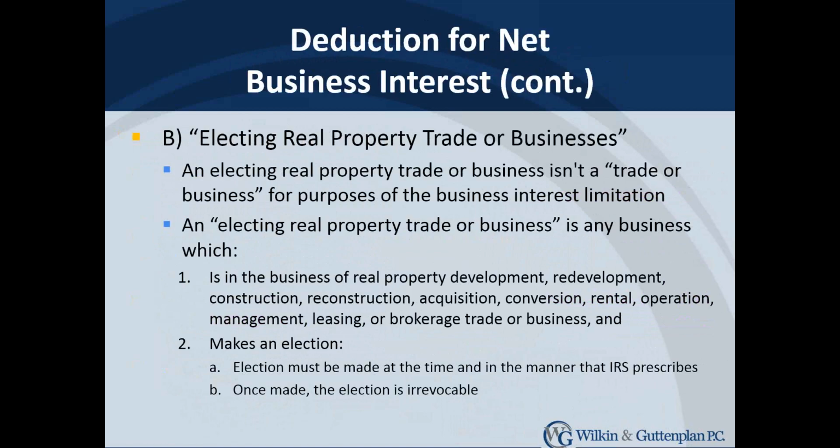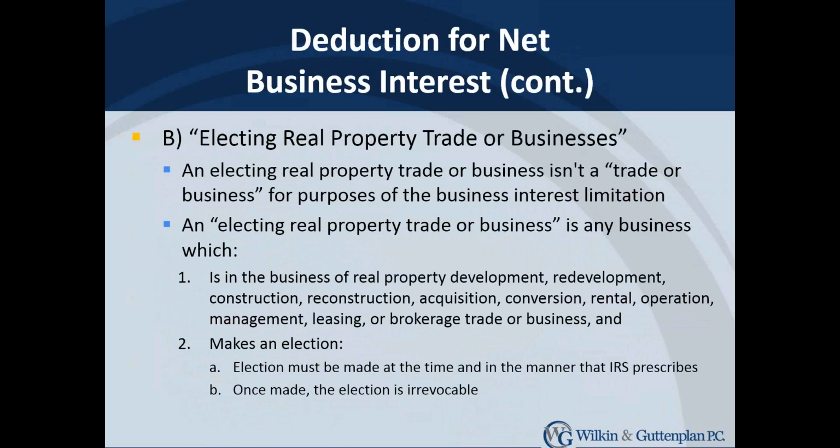If the aggregation rules do apply, then your other exception could be the electing real property trade or business. An electing real property trade or business isn't a trade or business for this purpose if it's any business which is real property development, redevelopment, construction, reconstruction, acquisition, conversion, rental operation, management, leasing, or brokerage, similar to those businesses under the real estate professional rules.